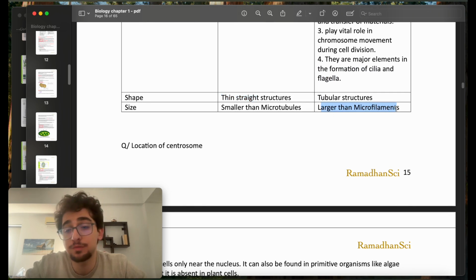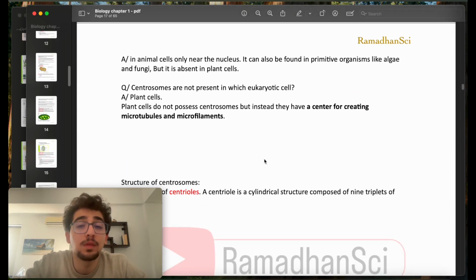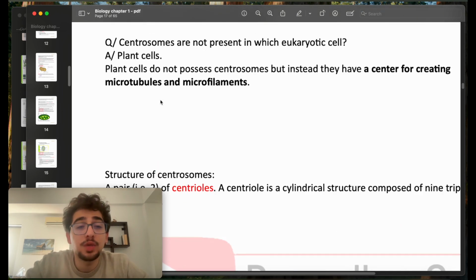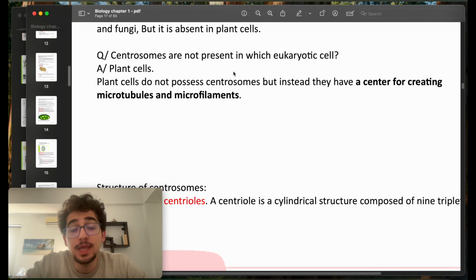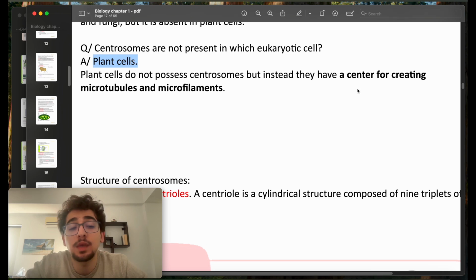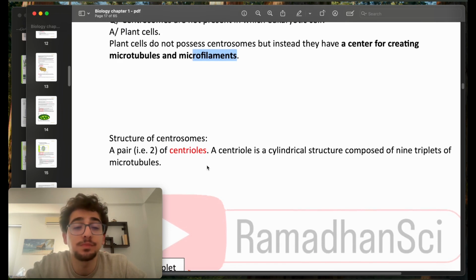Of course, microtubules are larger than microfilaments. So give an example of a eukaryotic cell that lacks the centrosome. It's clearly the plant cells. Instead, they have something we describe as a center for creating microtubules and microfilaments.